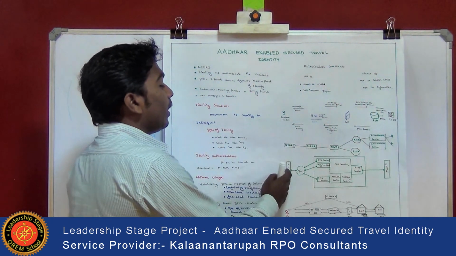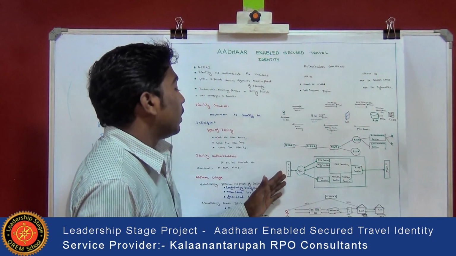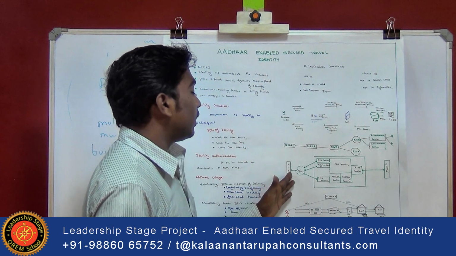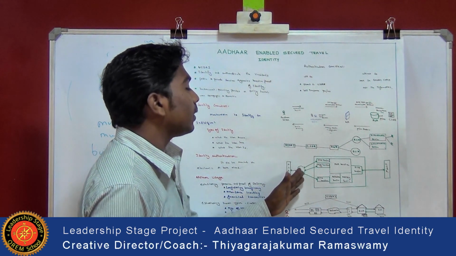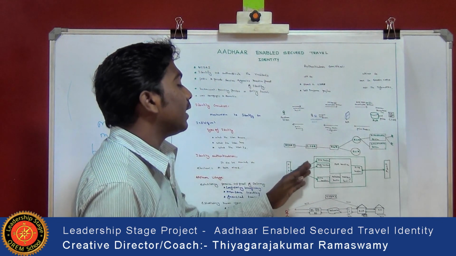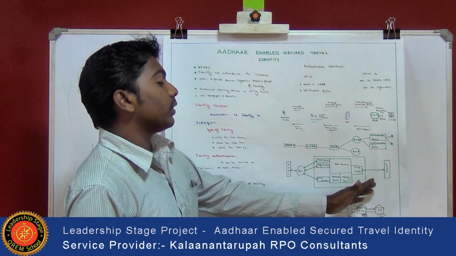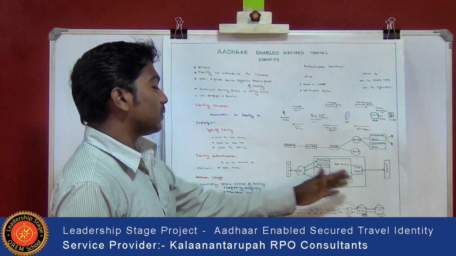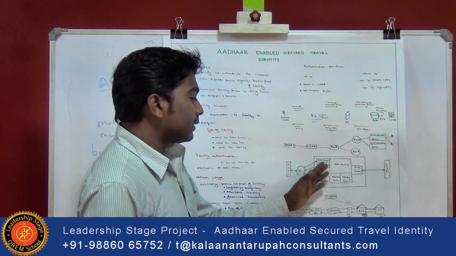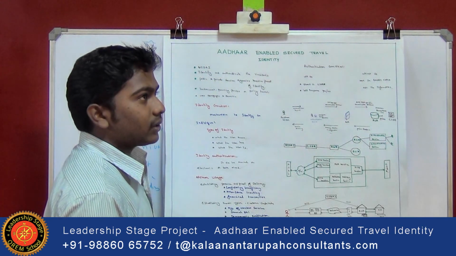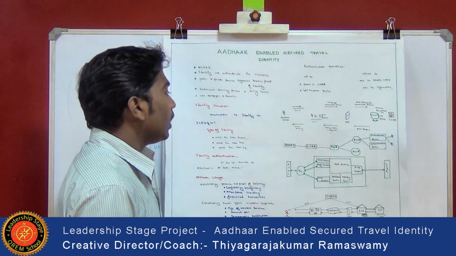Once the AUA requests a service, the request will be transmitted to the ASA through the network, and it will be handled there, and then transmitted to the CIDR, and from there the response will be transmitted to the AUA. ASA supports synchronous and asynchronous transmission.